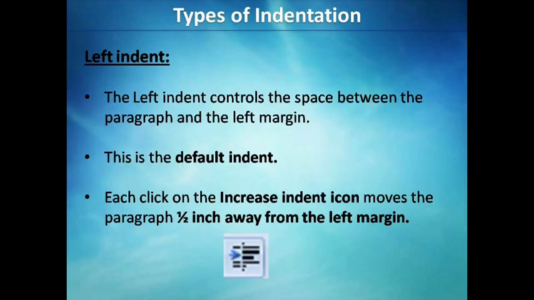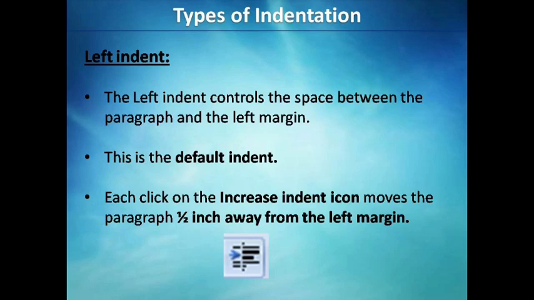Left indent can be applied to the paragraph either by using an icon or by using a dialog box. This icon is called the increase indent icon. It is used to apply left indent to a paragraph. See here, the icon displayed in this picture is the increase indent icon.